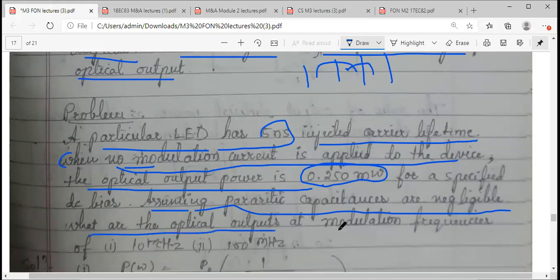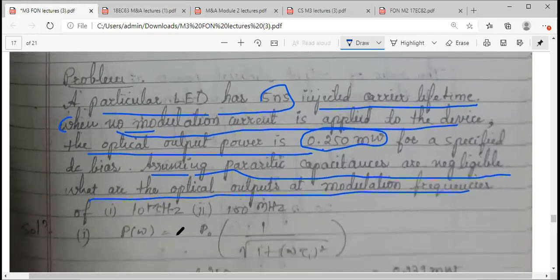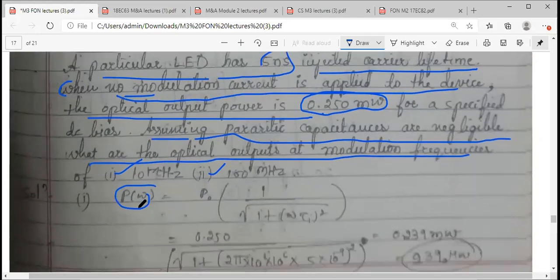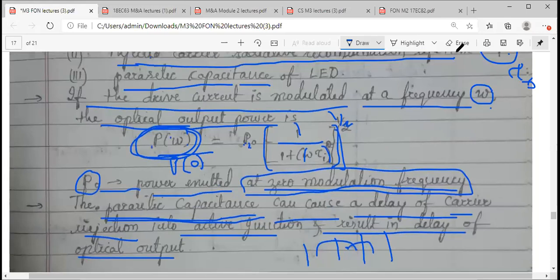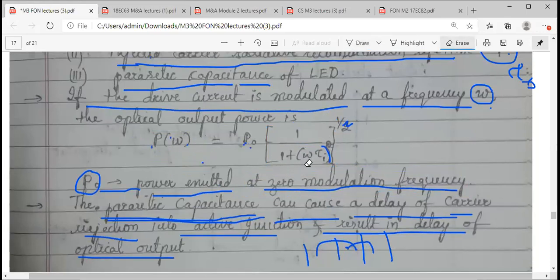So what are the optical outputs at modulation frequencies? So optical output P of W you have to calculate. There are two sub questions, one for 10 megahertz, one more for 100 megahertz. So let us calculate the optical output power for 10 megahertz. Use the formula: P of W is equal to P naught times 1 divided by (1 plus (omega tau I) squared) raised to 1 by 2.